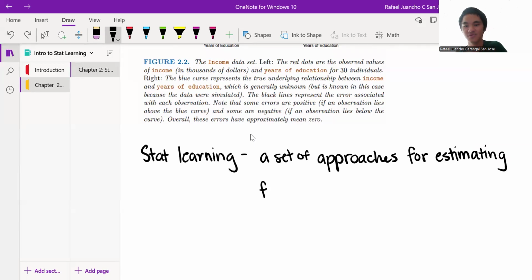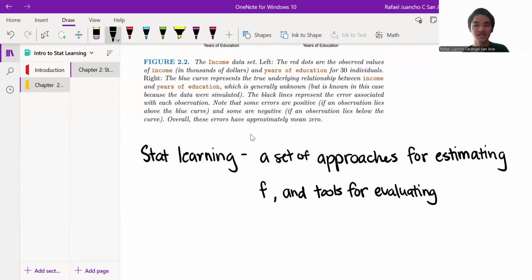So it's not just approaches for estimating f, we also have tools for evaluating. How can we be sure how accurate this estimation is? Stuff like that. Can we quantify certainty?